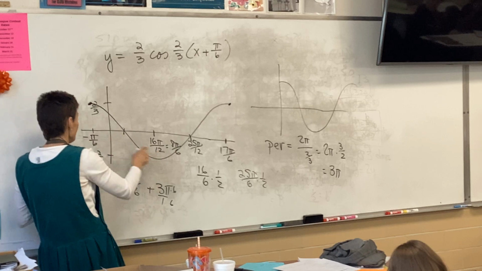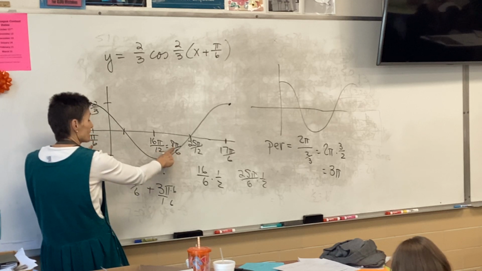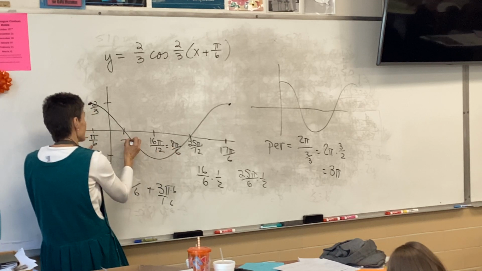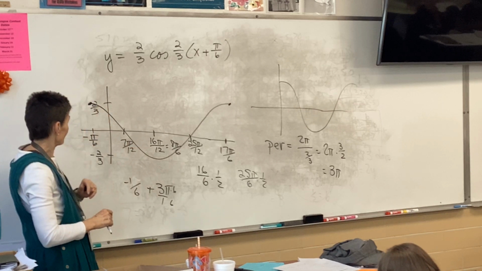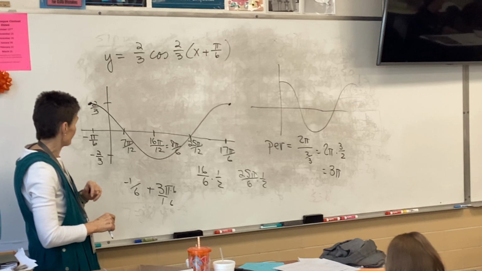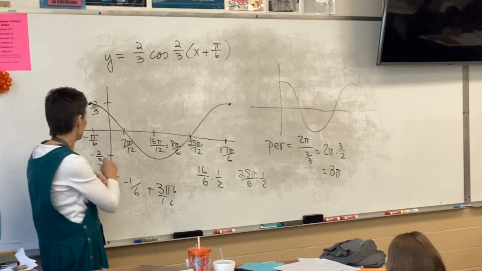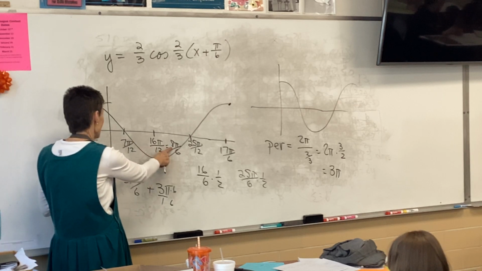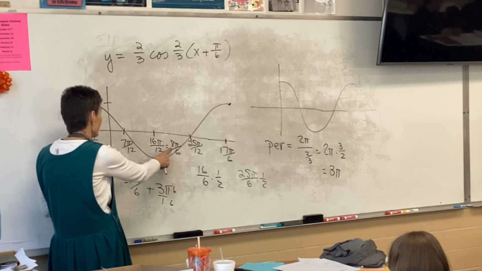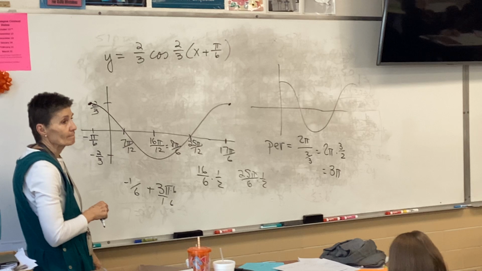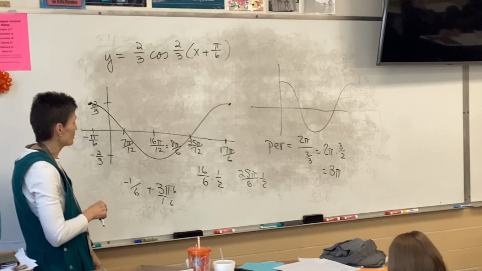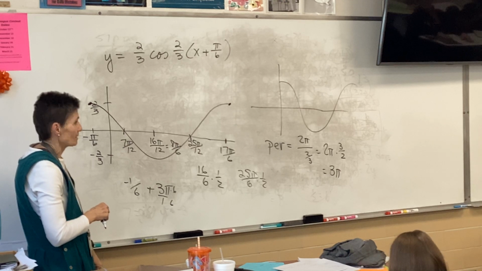Negative 1 and 8 is 7/6, so that one's going to be 7 twelfths. Yeah, negative 1 and 8 is 7/6. That's a lot, too much stuff going on. That's why the top sucks.